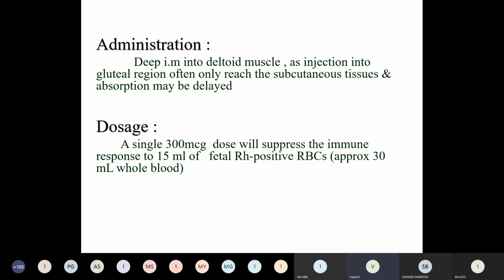A single dose of 300 microgram will suppress the immune response to 15 ml of fetal Rh positive RBCs, approximating to 30 ml of whole blood. If the feto-maternal hemorrhage is in excess of this, then you have to do the Kleihauer-Betke test, Rosette test, or flow cytometry to estimate the exact amount of feto-maternal hemorrhage, and also give an additional dose of anti-D if required.